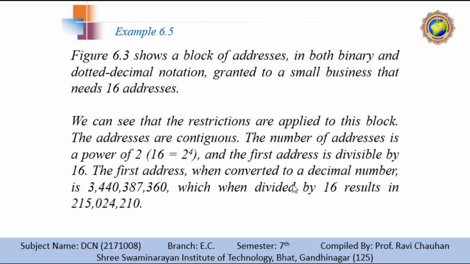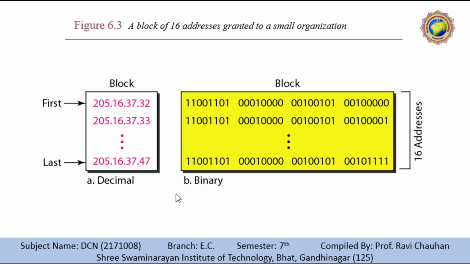First, example 1. For this, just see the figure. This figure shows a block of addresses in both binary and decimal notation. We have already discussed decimal and binary notation in the previous lecture.